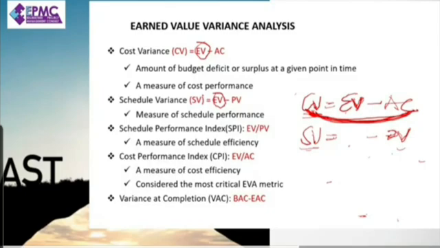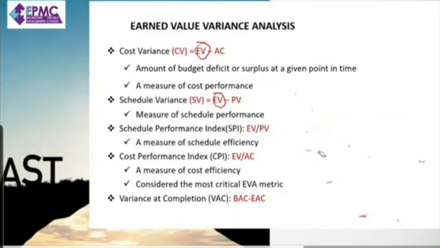So it will be the EV first minus AC. Schedule variance will be the EV first minus the PV. So it's always the EV first. That's why it's called end value. Don't forget it. I hope you are jotting down these techniques, these tips, hacks.